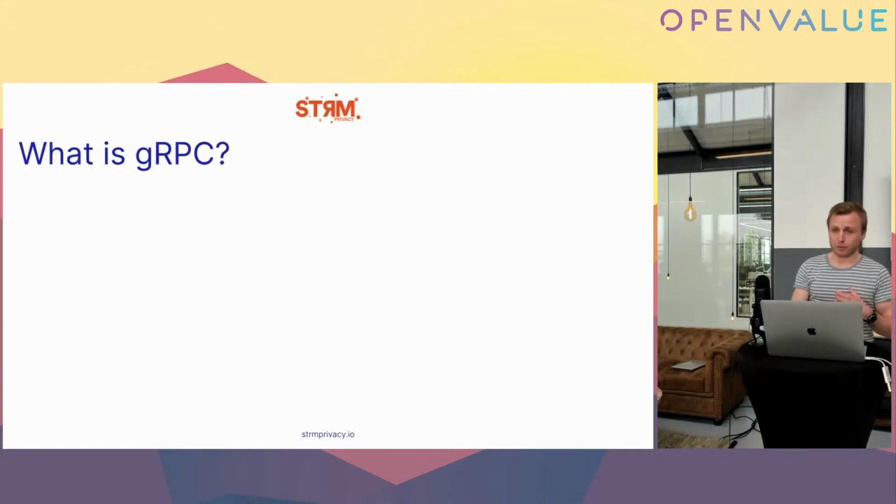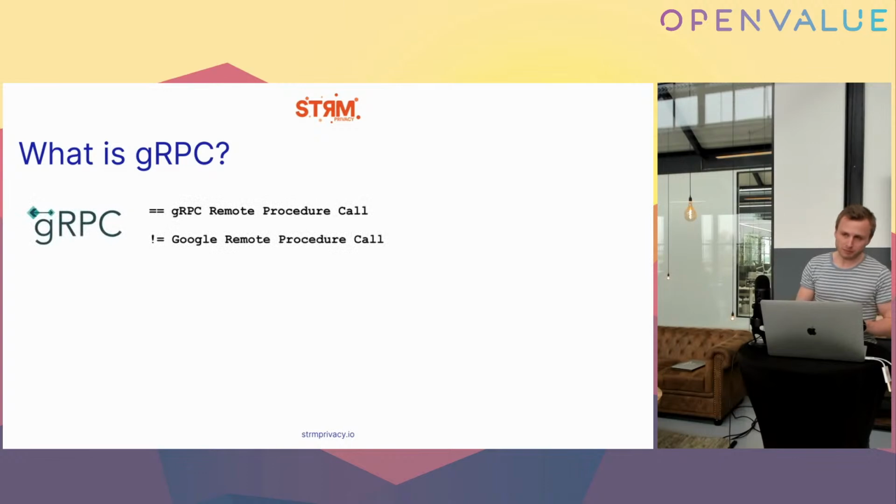gRPC is a remote procedure call framework, and important, it's made by Google, but the abbreviation is not Google Remote Procedure Call. It's actually gRPC Remote Procedure Call, so it's a recursive acronym, like PHP, as I've been told by Jan-Kees.